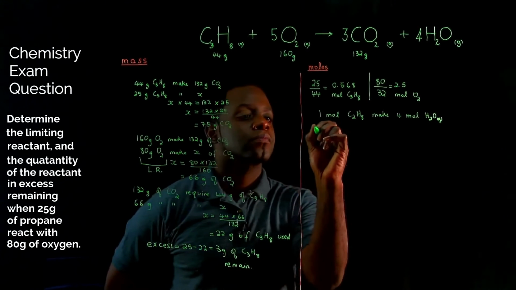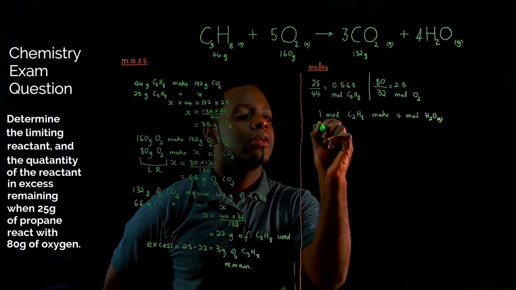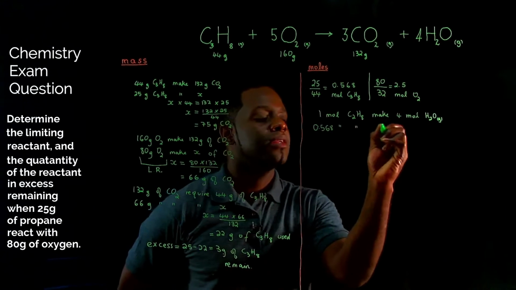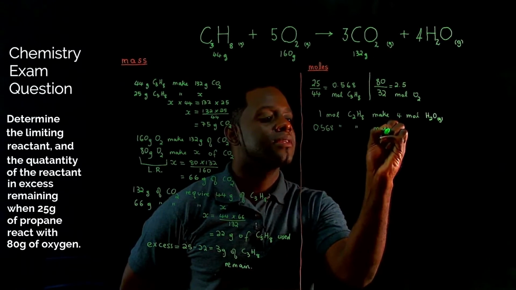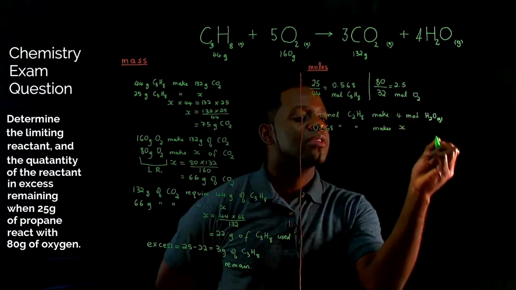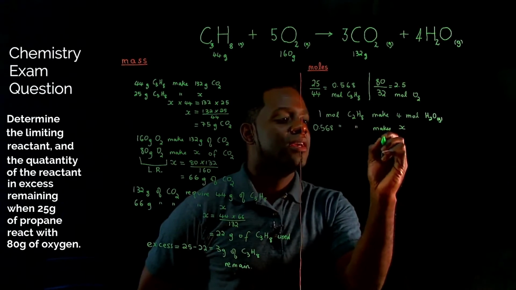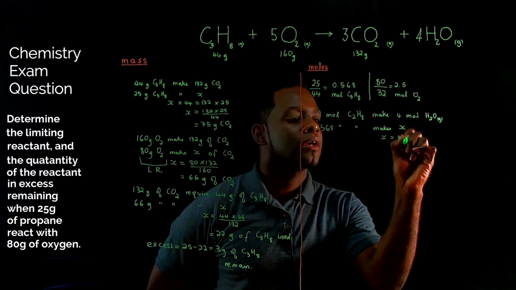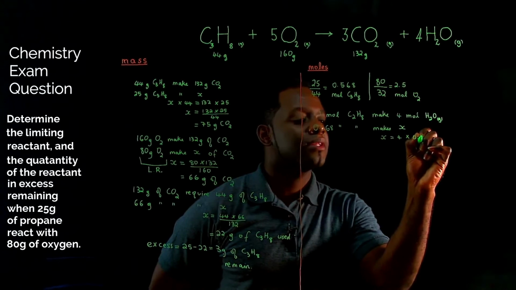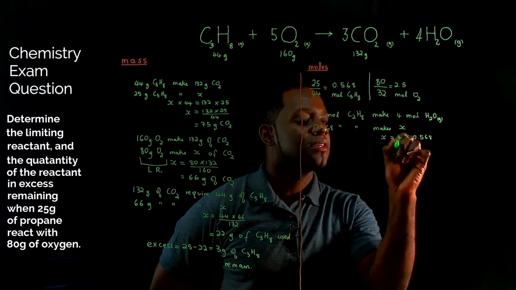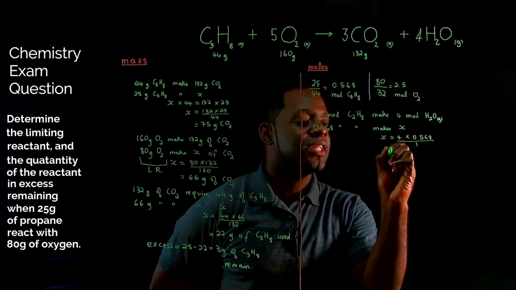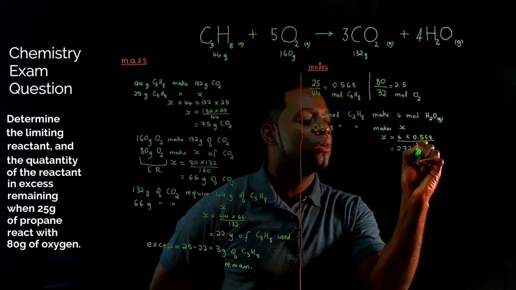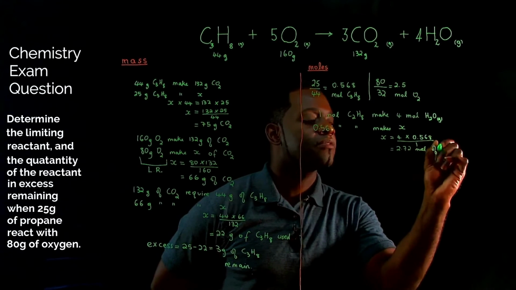So 0.568 moles of propane makes X moles of steam, and X can be determined by multiplying 4 times 0.568, of course divided by 1, which is 2.72 moles of steam.